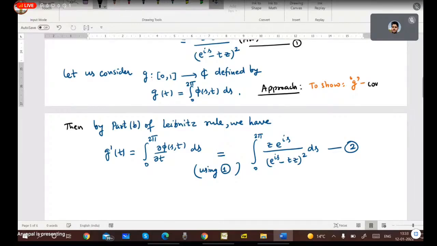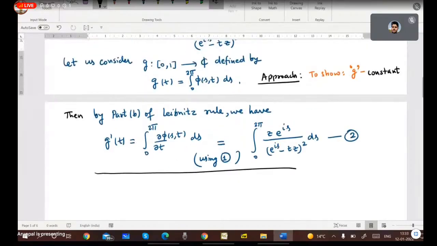That is going to be my approach. Now, before I go further, let's try to understand how this approach will work. So let me first explain this approach. I'm putting a star here.